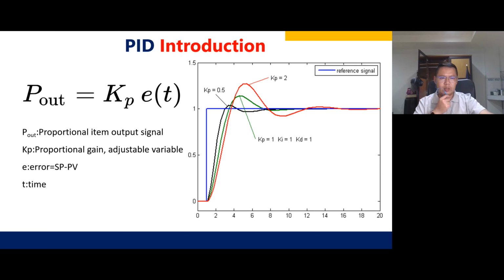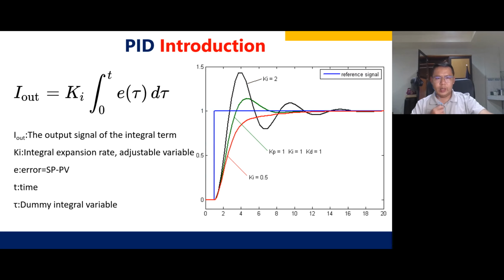With a high proportional gain, the error value can also vary greatly. But if it's too high, the system becomes unstable. On the contrary, a control system with no proportional gain will be less responsive to the process.